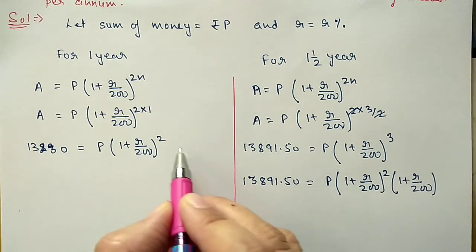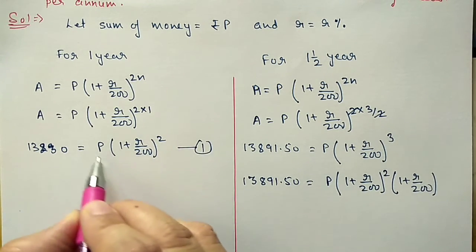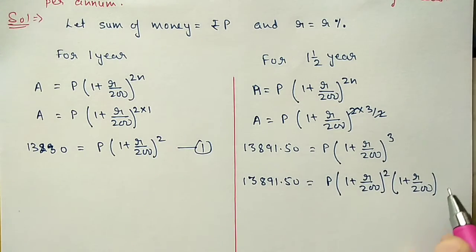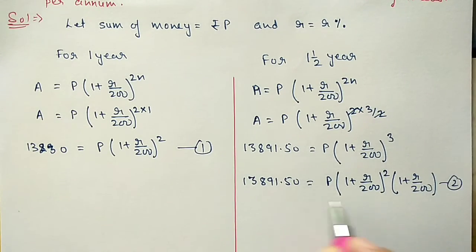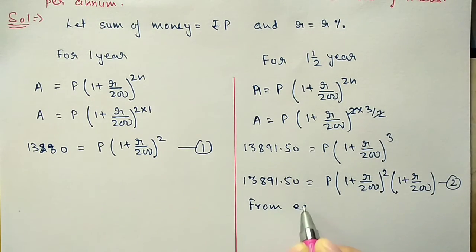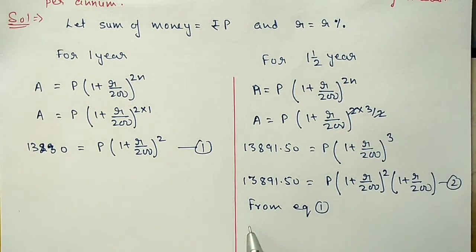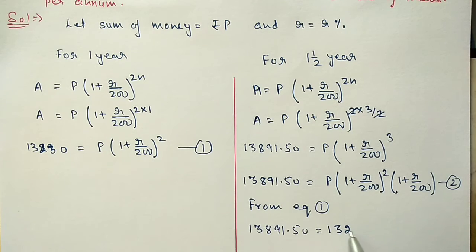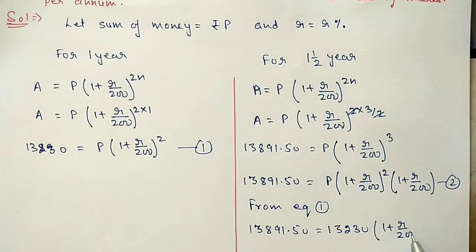So from the first case we can substitute this value in the second case. So if we substitute this value, then we will get 13,891.50 is equal to 13,230 and this we have (1 plus r by 200).